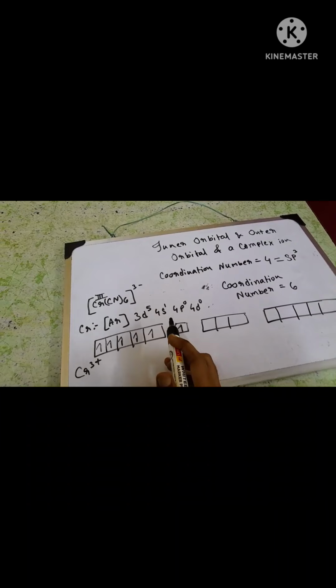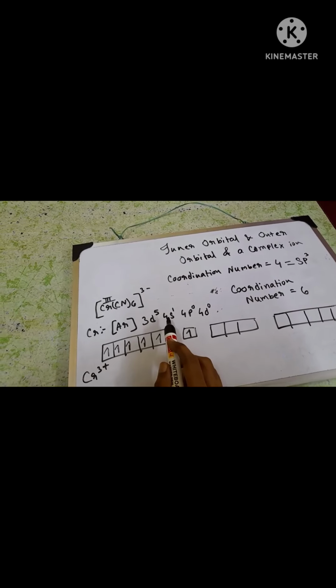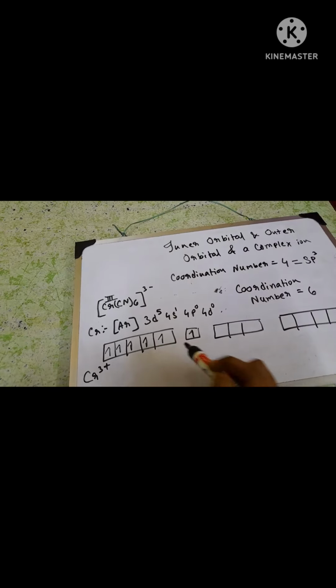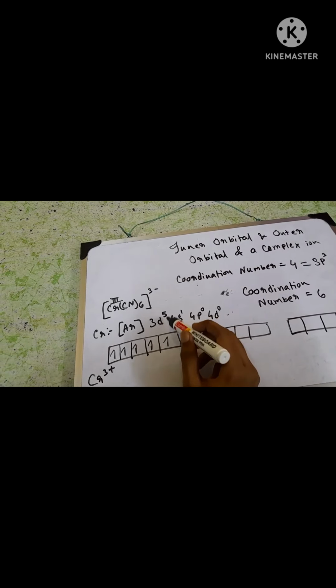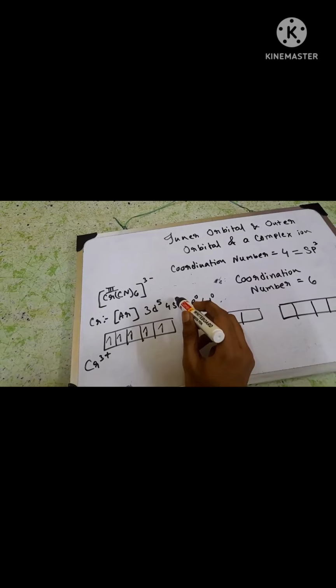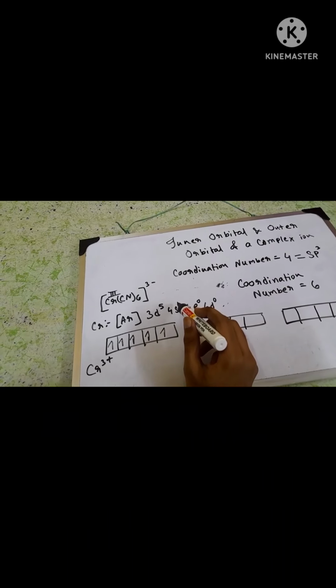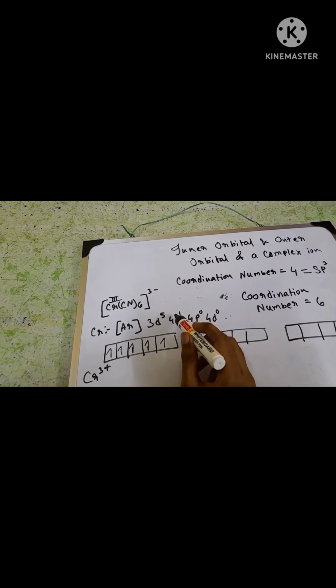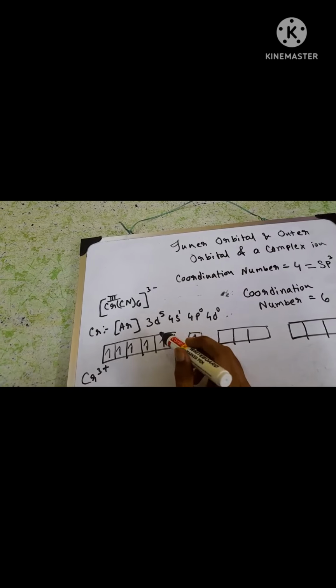After losing 3 electrons, from which orbital do the electrons get removed? This is the question and a very important thing in this whole theory. Here the 4s subshell contains one unpaired electron. So first the electron is removed from the 4s subshell, and the other 2 electrons get removed from 3d.